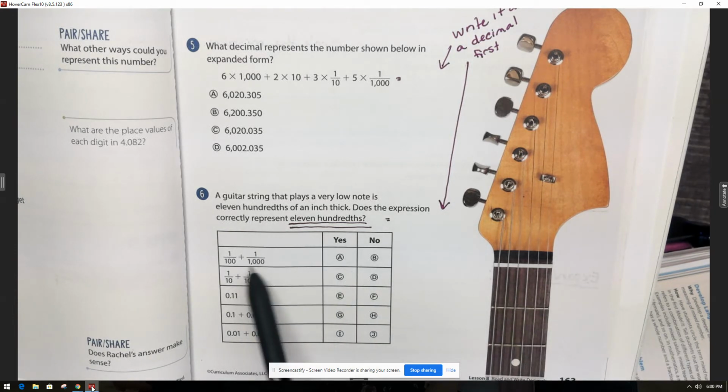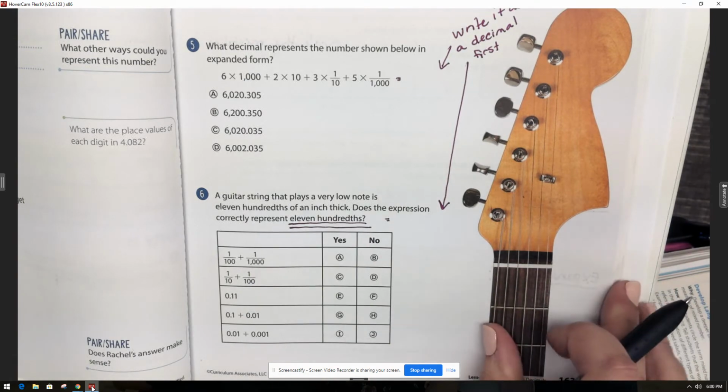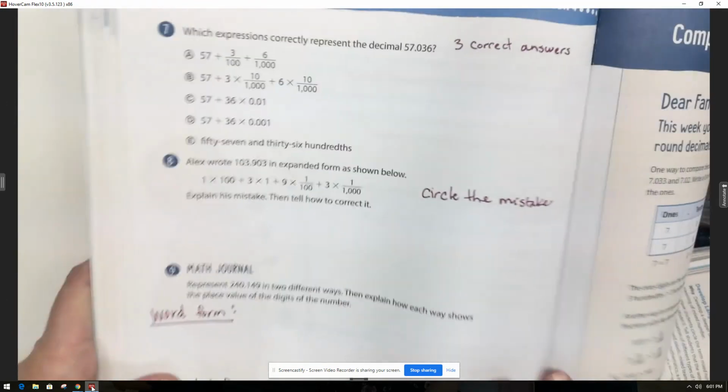If this is correct and showing you what 11 hundredths would be like in expanded form, then you're going to say yes. If it is not correct, you're going to say no. It's really important to think about how in 11 hundredths, how many tenths do you have and how many hundredths do you have?